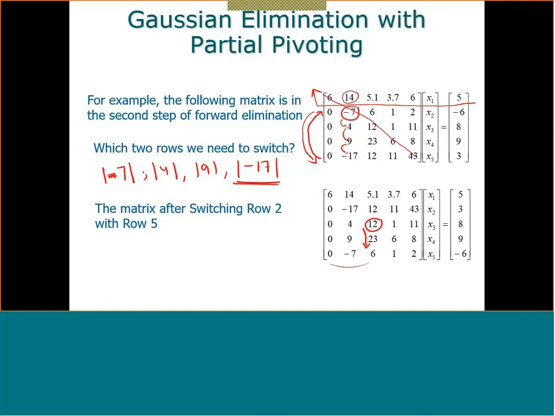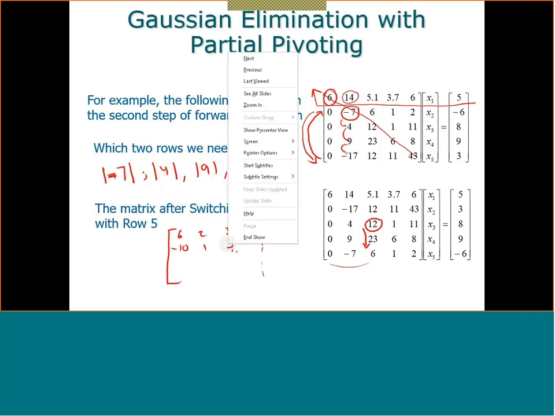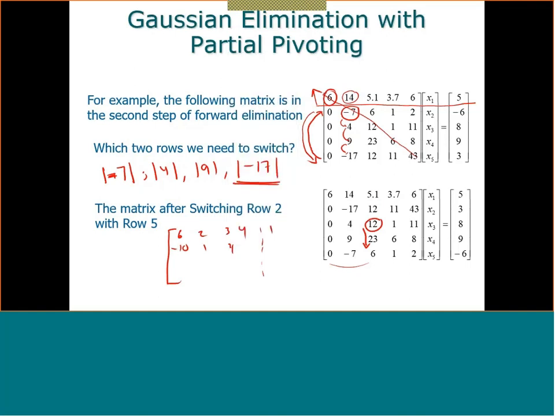But for instance, say these are my matrix rows: 6, 2, 3, 4; then -10, 1, 4, 9; then 0, 0, 2, 3, 4, 6; and 3, 4, 1, 8, 9, just arbitrary numbers.